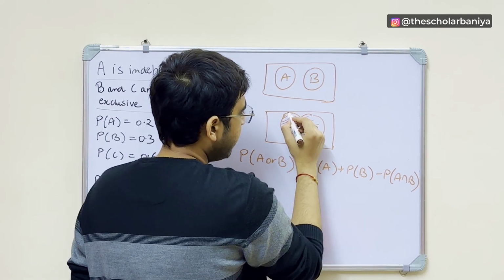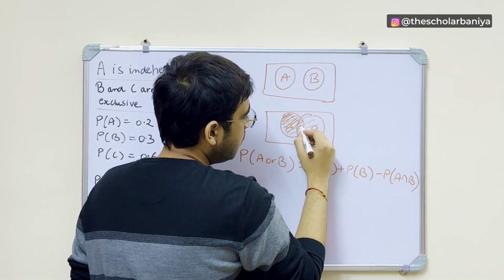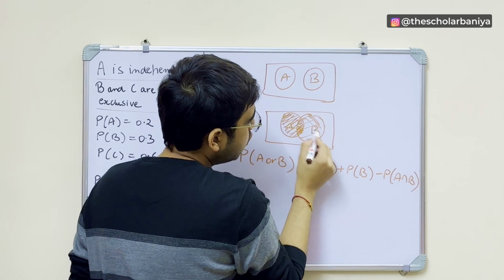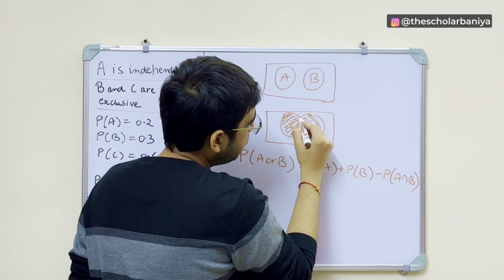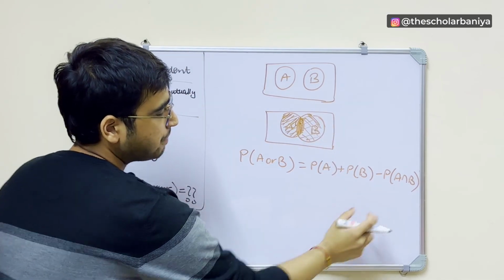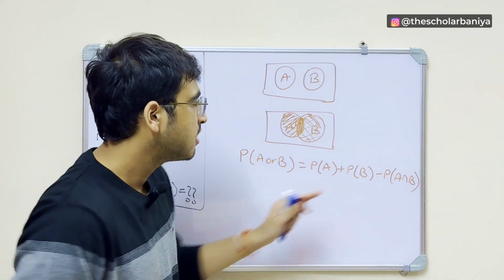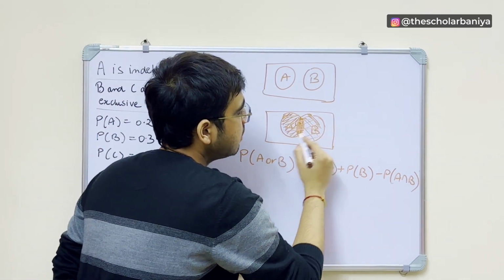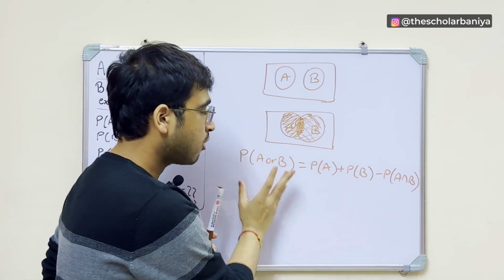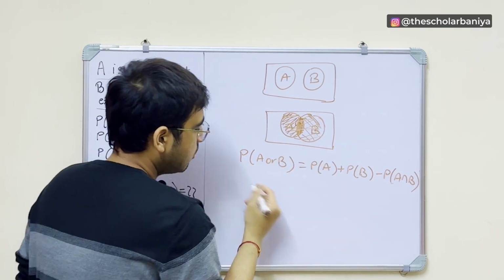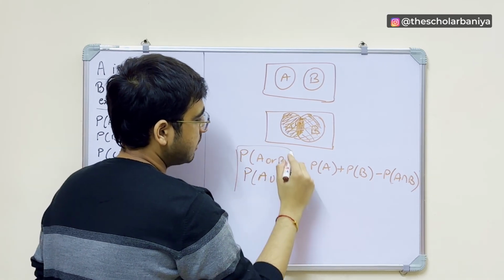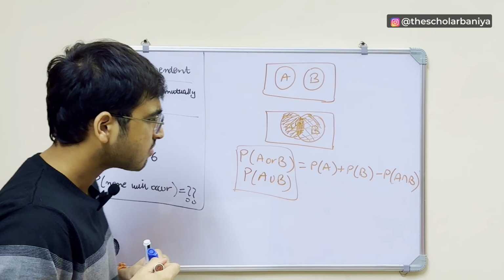Because when we take A, this common part is there. When we take B, this common part is again there. So this common part gets repeated twice, so we remove this once so that we get this entire area, basically. So this is what probability of A or B, or you can say probability of A union B. Both are the same things, right?